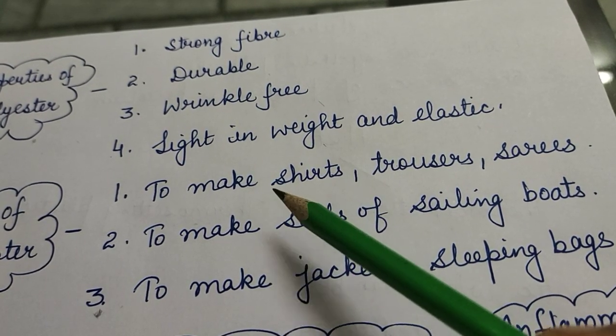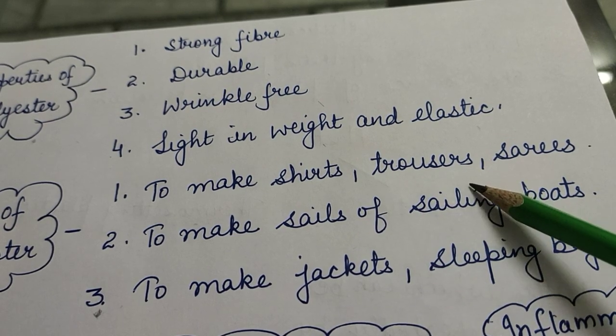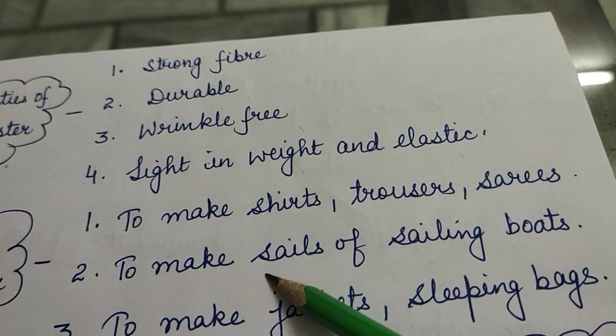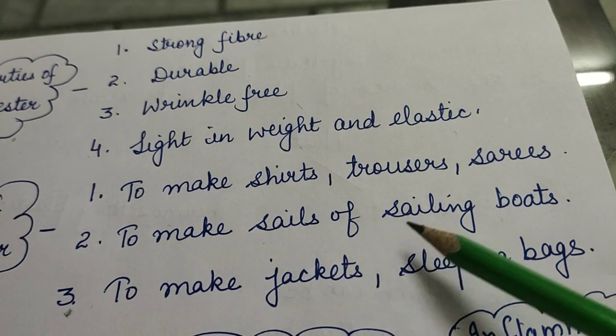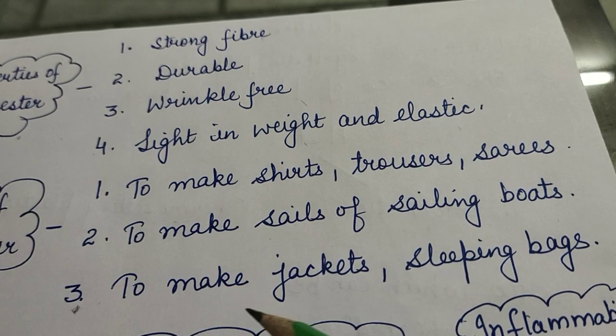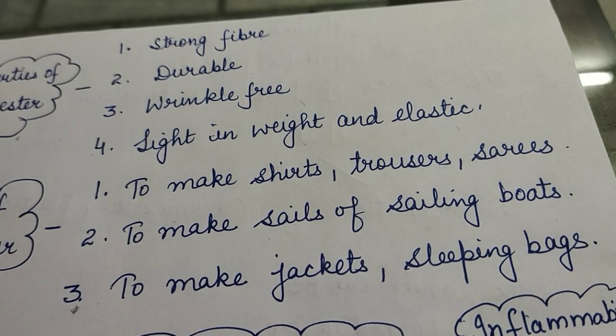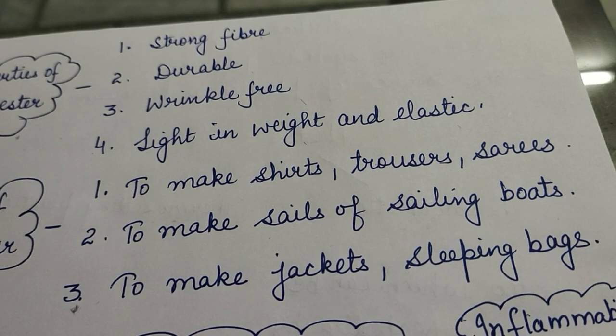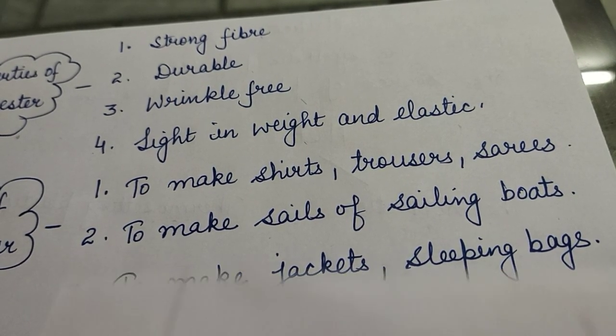First, it is used to make shirts, trousers, sarees. Next, we can use it to make sails of sailing boats. Third, it is used to make jackets, sleeping bags. Hope this topic is clear to you all.